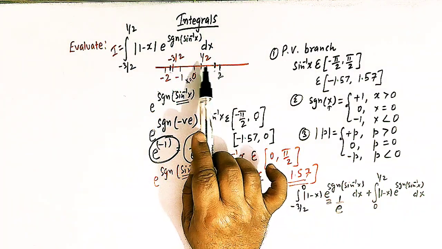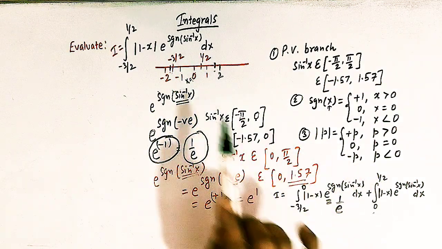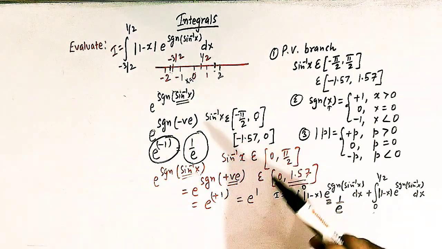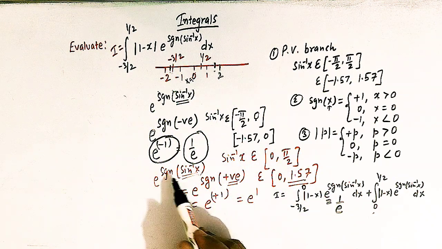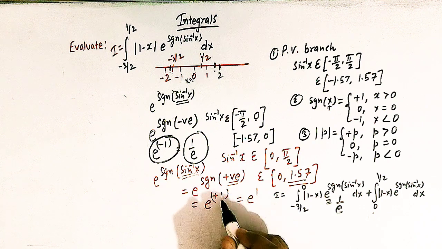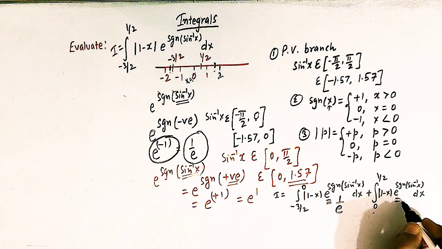So when we go from 0 to half, sine inverse x is positive. So the value of e raised to signum of sine inverse x is e raised to 1. So here this value is e.